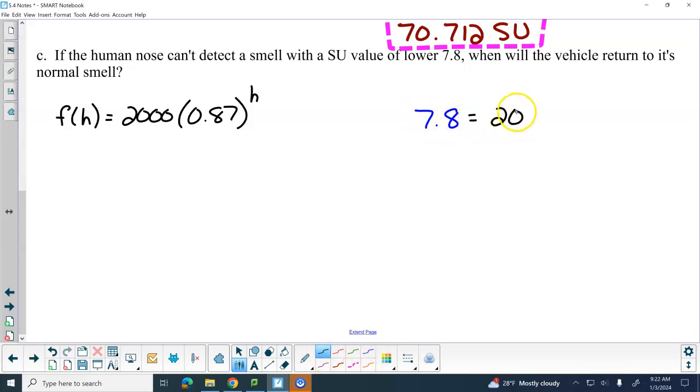Equals the 2,000. Okay. Find me how many hours it takes for the van to return to its normal smell. What are we going to do first? Divide by 2,000.